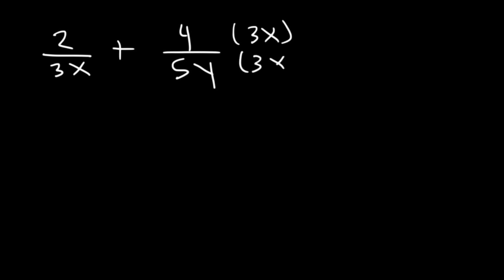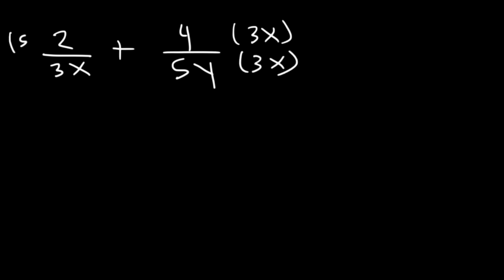Let's say we have 2 over 3x plus 4 over 5y. How can we combine these two fractions into one single fraction? Well, we need to get common denominators first. So I'm going to multiply the first fraction by 5y over 5y, and the second one by 3x over 3x.